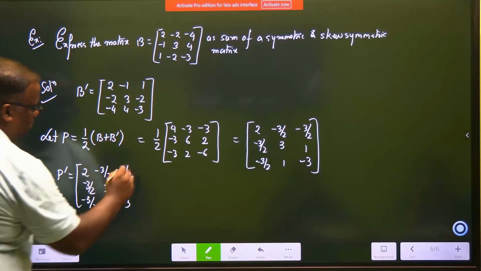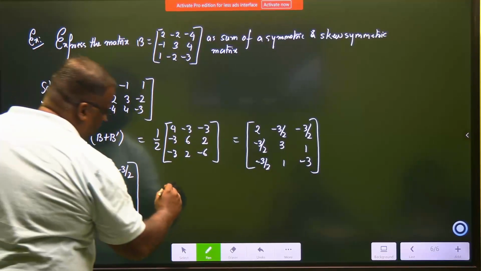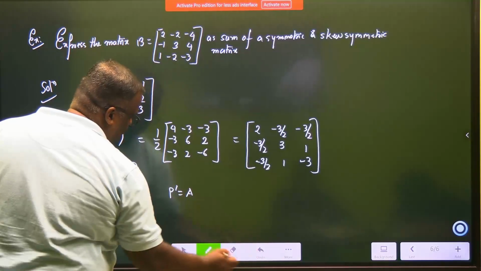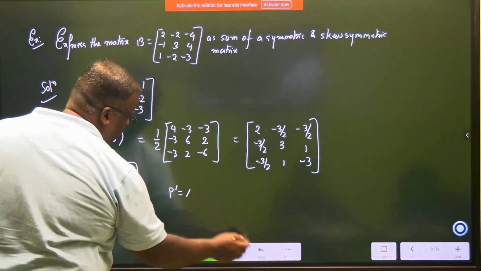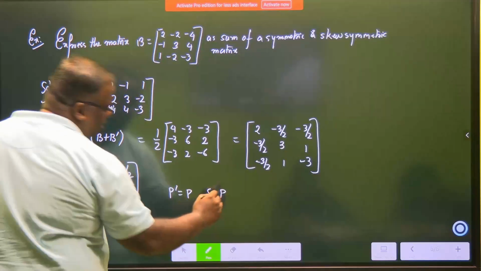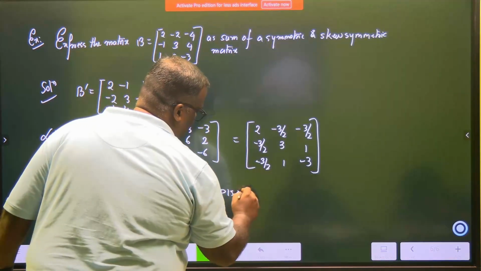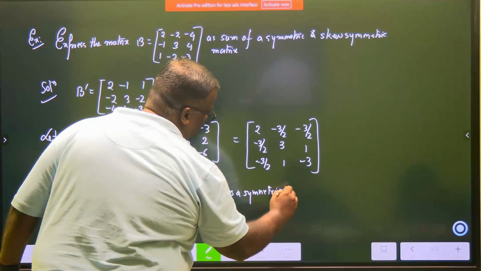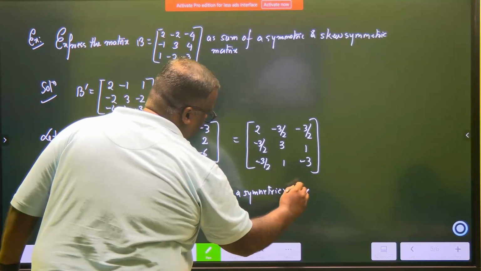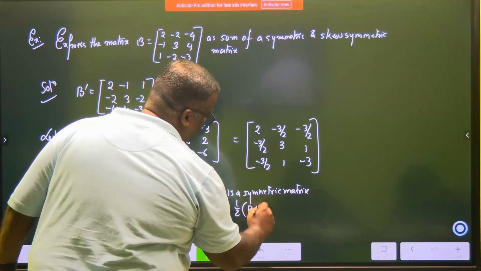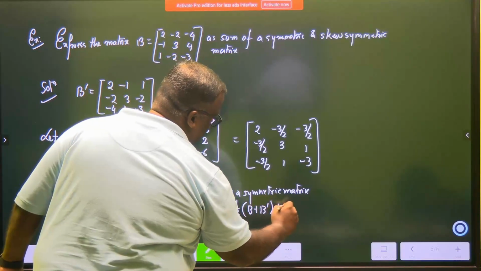This is P complement. Now, are you finding that P complement is equal to P? So P is a symmetric matrix, right?